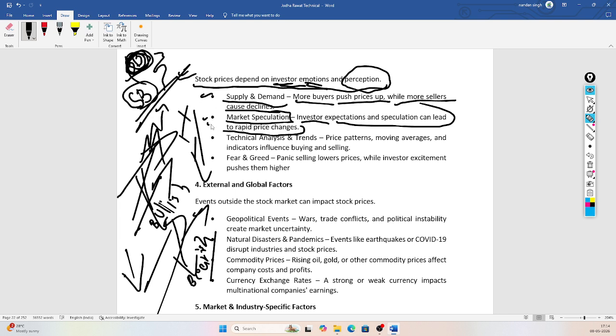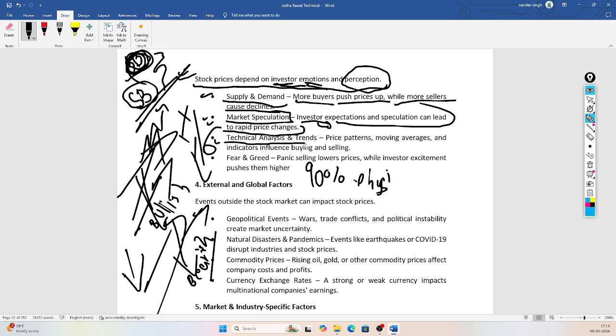What does market speculation mean? Investors expect, they think, they predict, and speculation can lead to rapid price action. As I told you, 90% of the market runs on psychology.